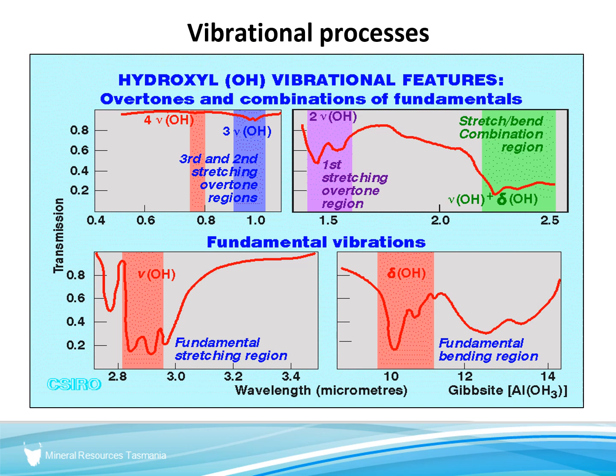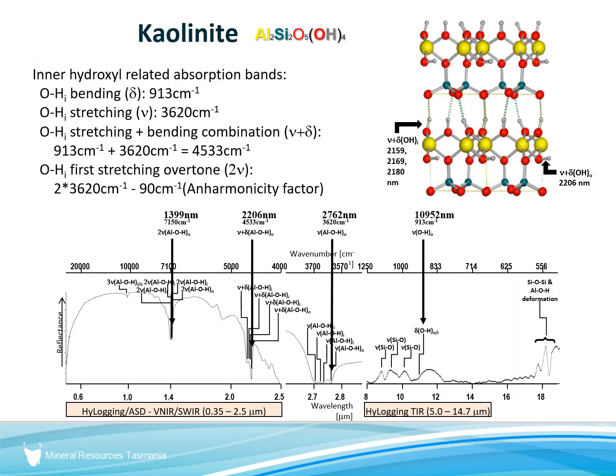We can understand the details of them, because all these things are characterized. We understand the crystal structure, and to a degree we might be able to assign certain parts of a spectral feature to its components which have been combined.